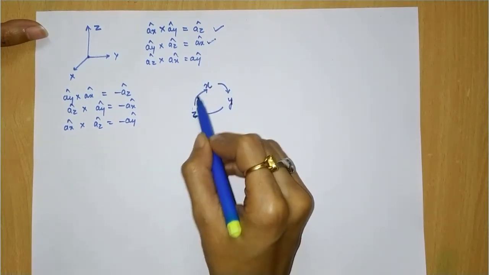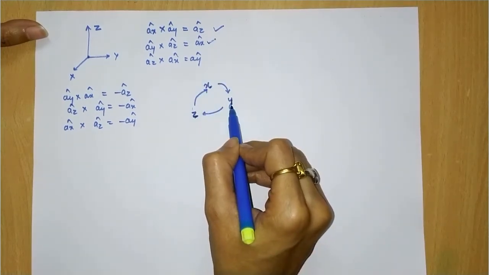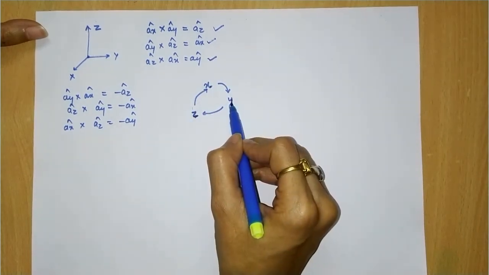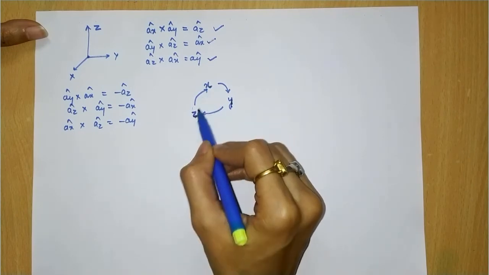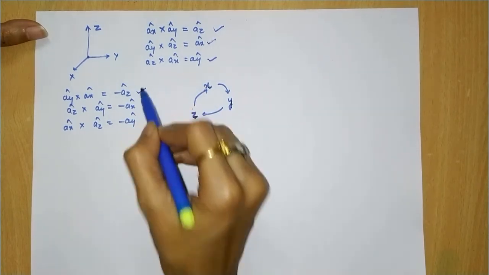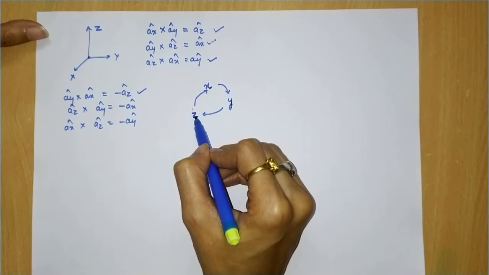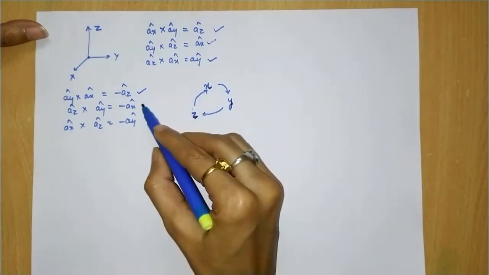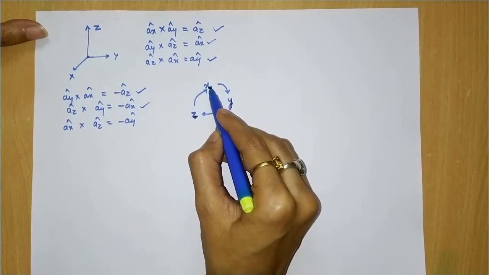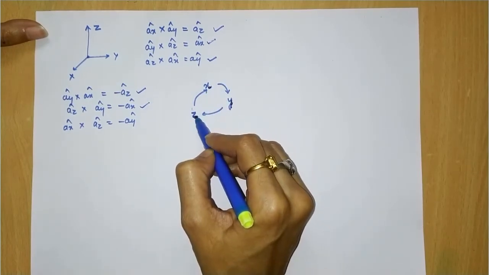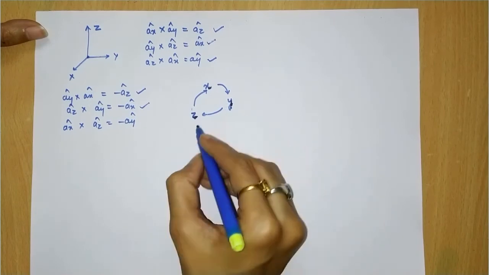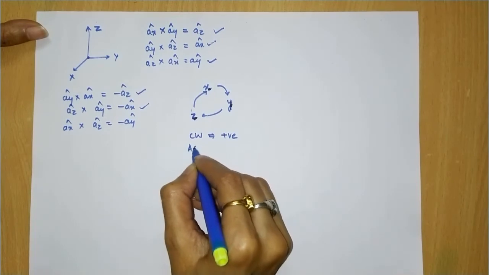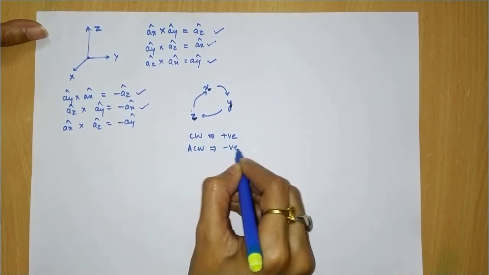Az cap cross ax cap, we will get ay cap. Now go in the anti-clockwise direction. Ay cap cross ax cap, we get minus az cap. Similarly, az cap cross ay cap, we get minus ax cap. And ax cap cross az cap, we get minus ay cap. Therefore, clockwise movement results in a positive result. Anti-clockwise movement will give you a negative result.